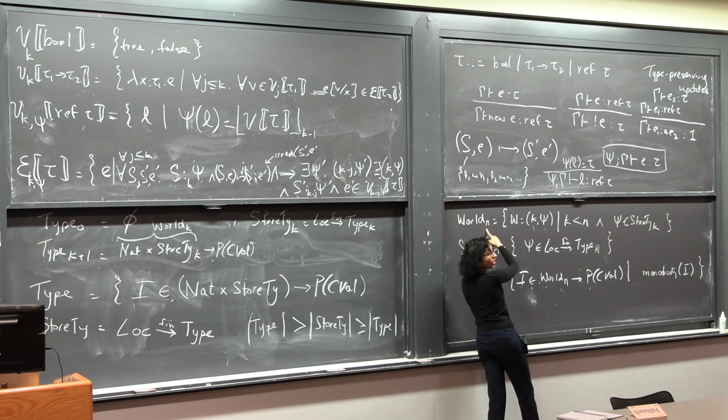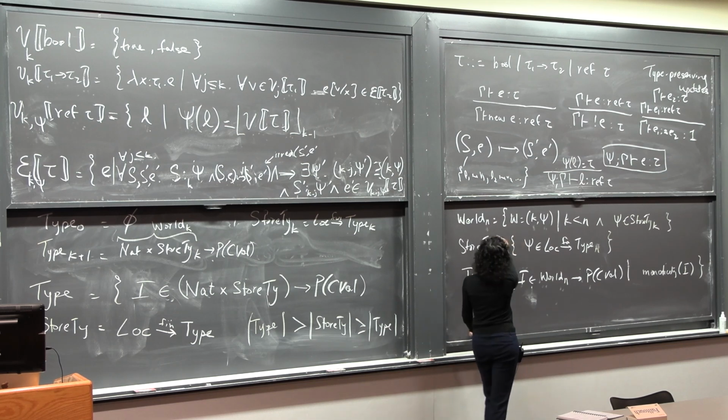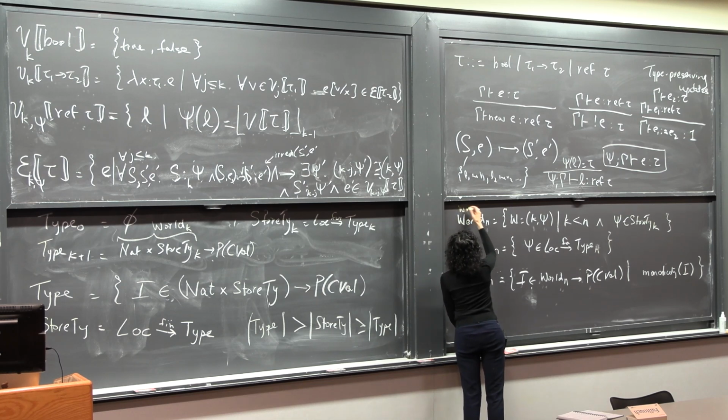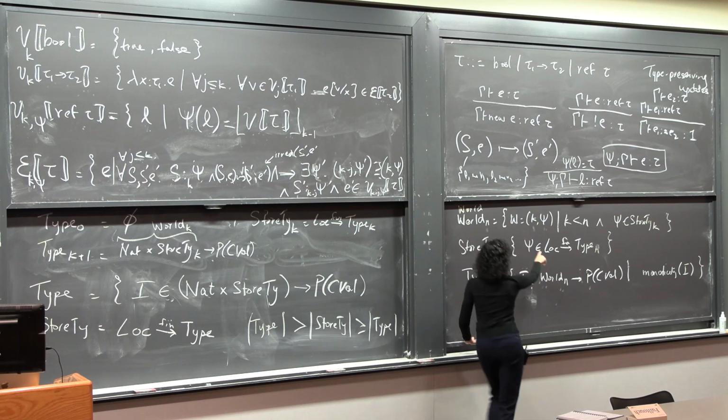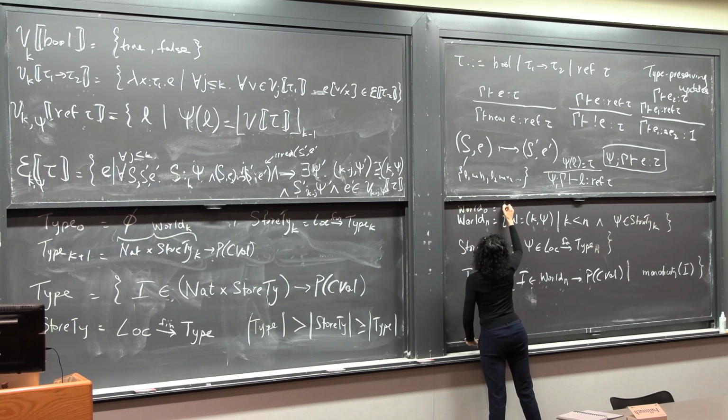World 1 is the first one that you can actually have that's non-empty. So basically what this definition means is that world 0 is empty. I can write it down; it falls out of the definition due to the K strictly less than N. But basically, world 0 is empty.